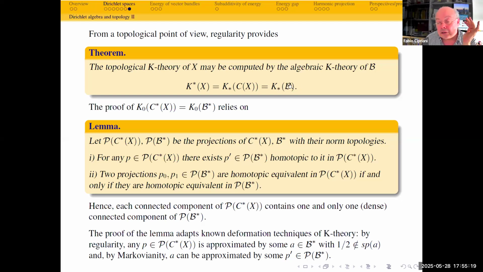Today, we will not touch the K-theory, the K groups themselves, but only will be interested in the semigroups of vector bundles.